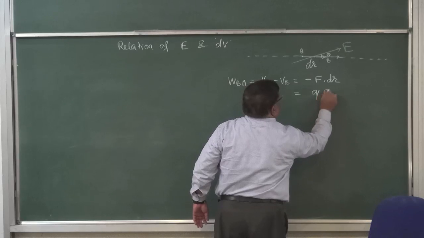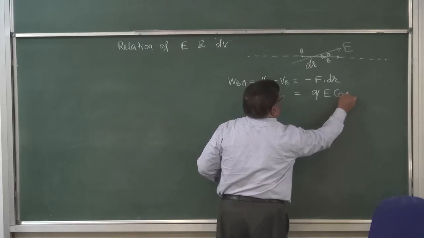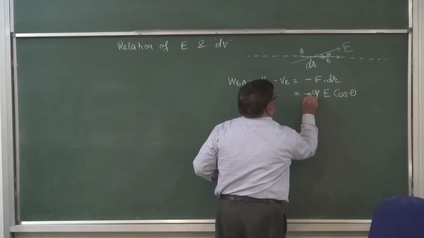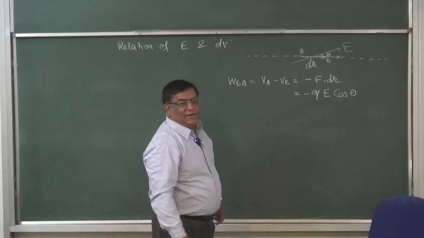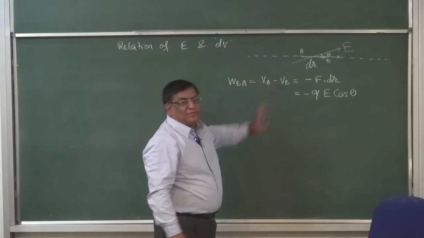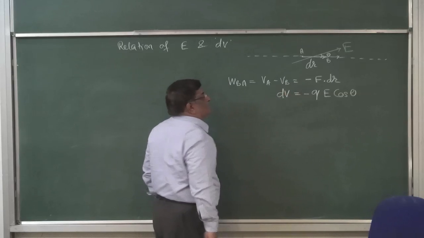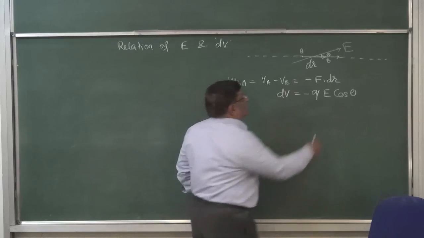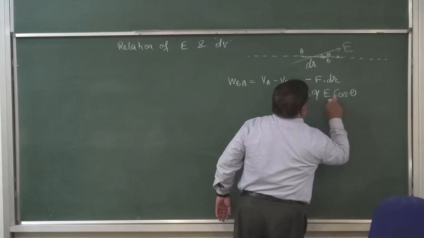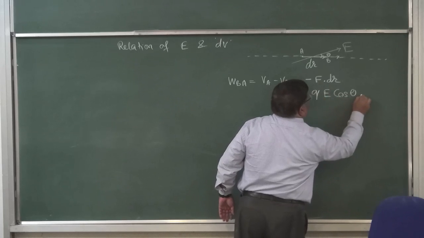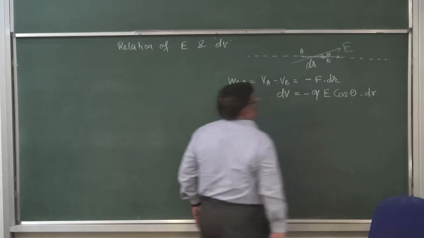Very good. QE cos theta. This VA minus VB, we will call it potential difference as dV, into dr. E cos theta into dr.